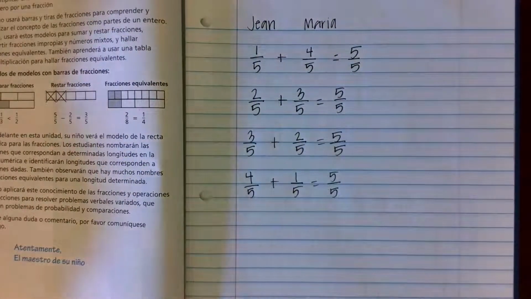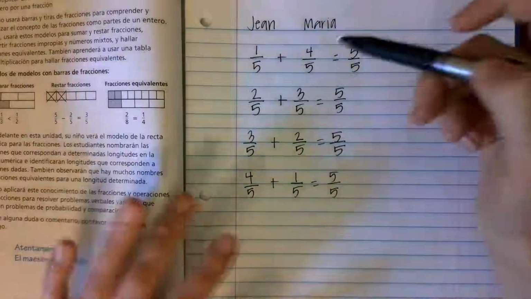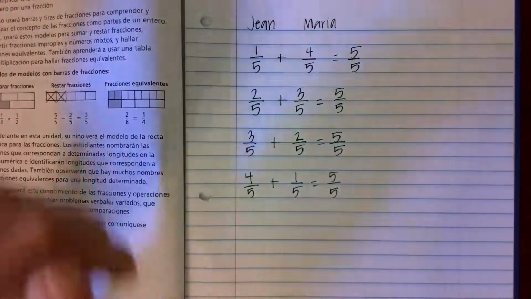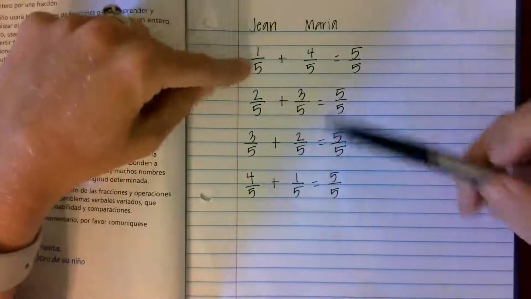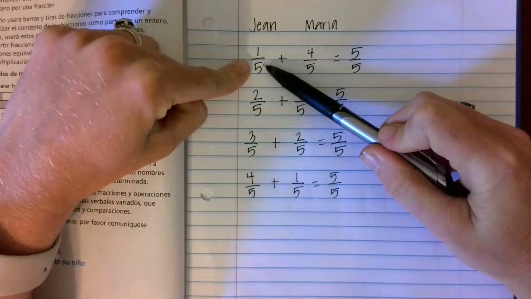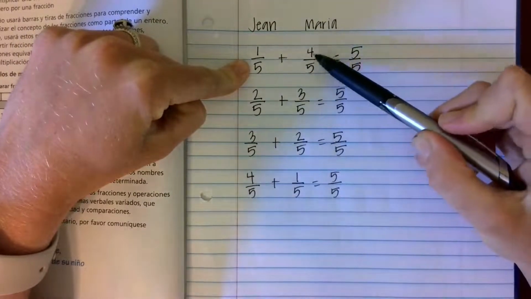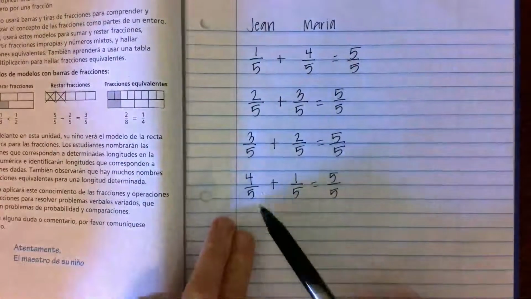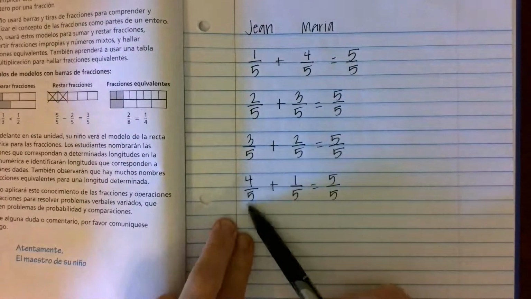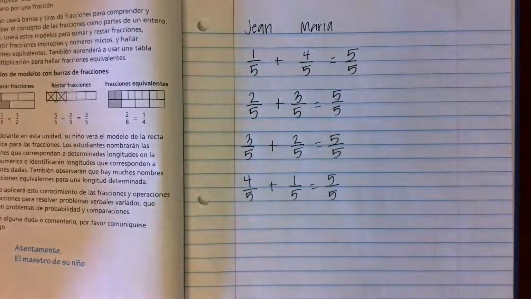Okay, so there are 4 different ways which Jean and Maria could split up the books. As you can see here, Jean has 1 out of the 5 books, so that means Maria would do 4 out of the 5. Here, Jean had 4 out of the 5 books, so that means Maria only had 1 of the 5 books.